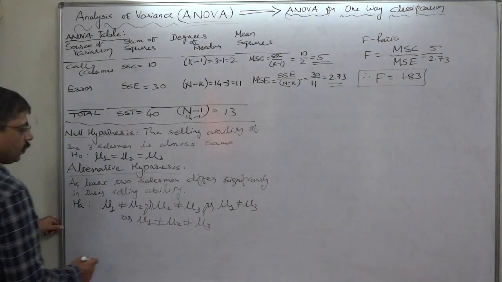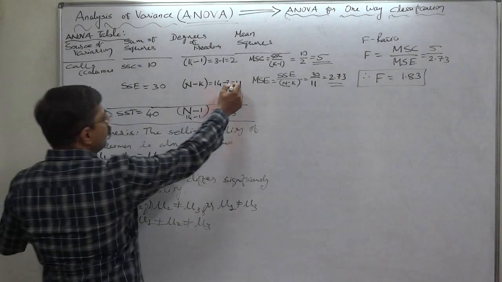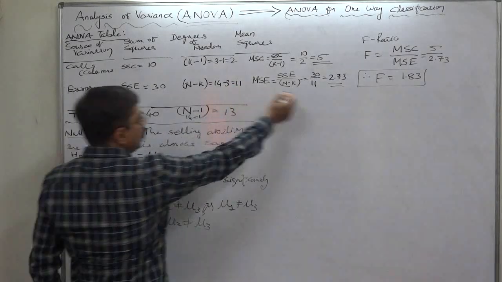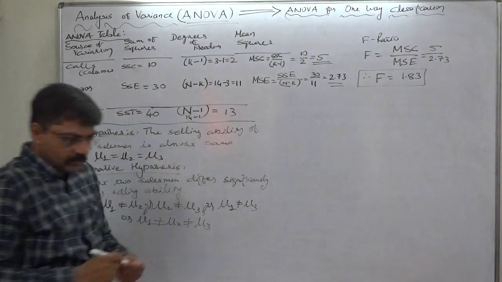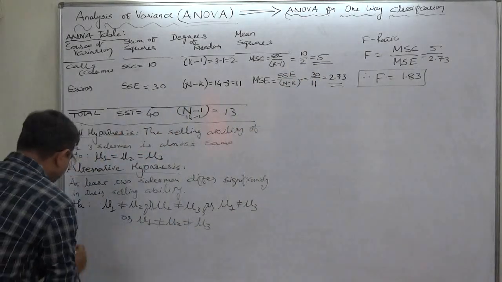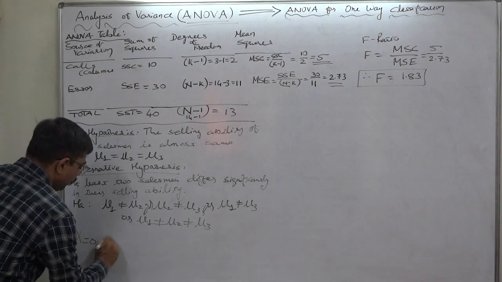Now, degrees of freedom we have are 11 for the denominator and 2 for the numerator. Alpha will be 0.05.